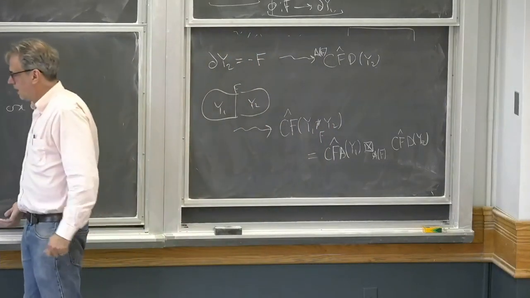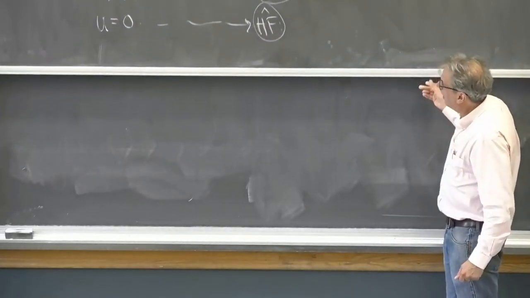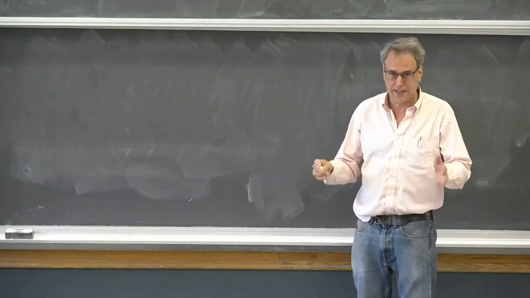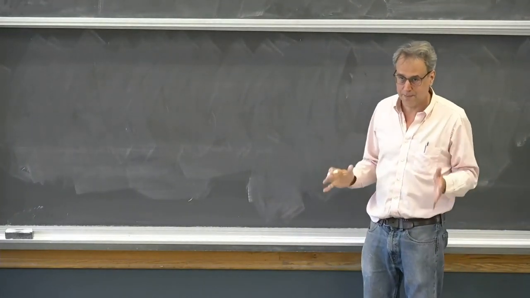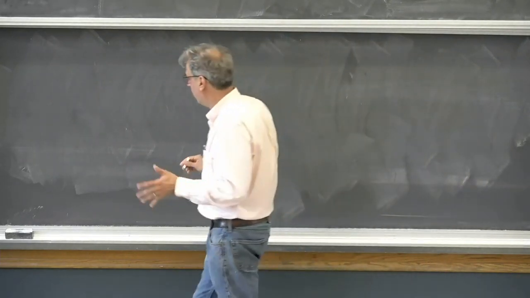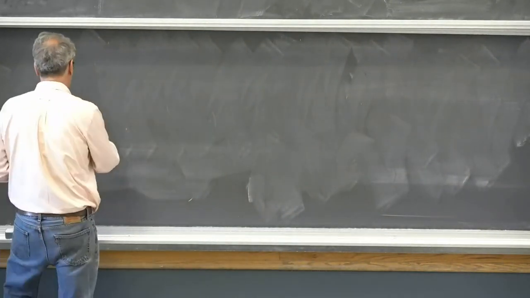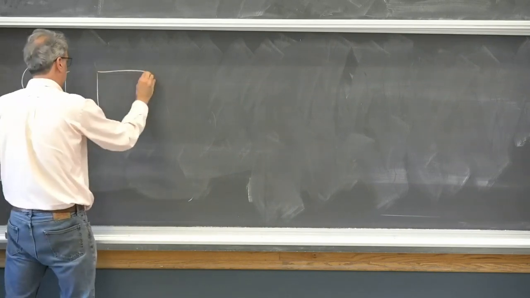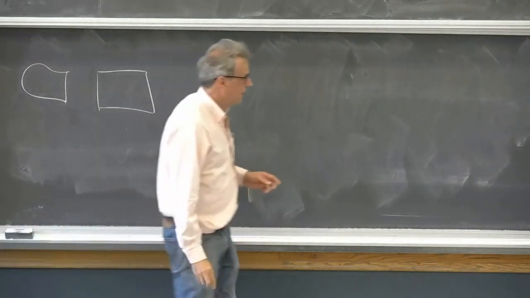Now, what I want is to say that a small elaboration of this picture should give a computational scheme for understanding three-manifolds, for computing Heegaard Floer homology, because of what happens if I were to try to change this parameterization.